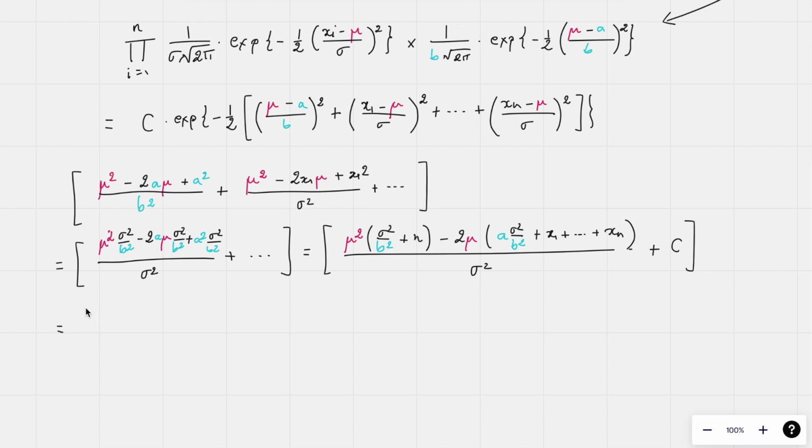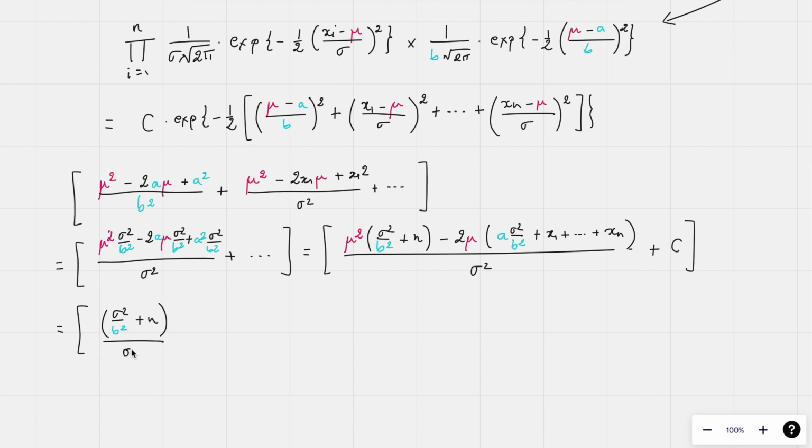So here we go. We take it out completely, so we get something that says sigma squared divided by b squared plus n.